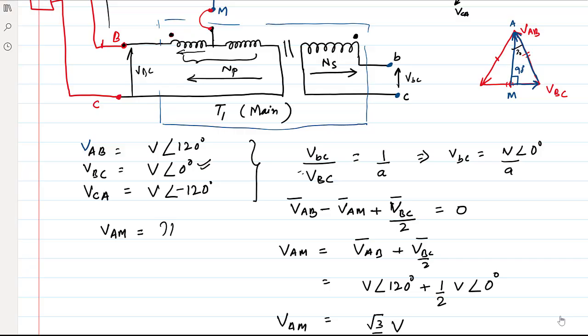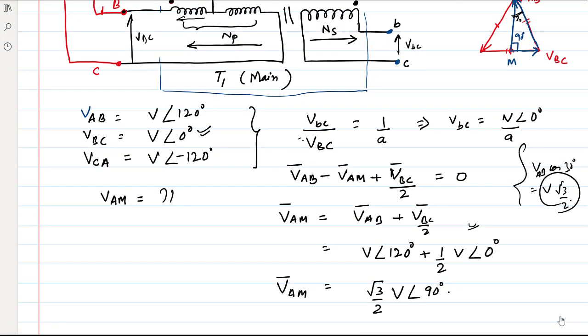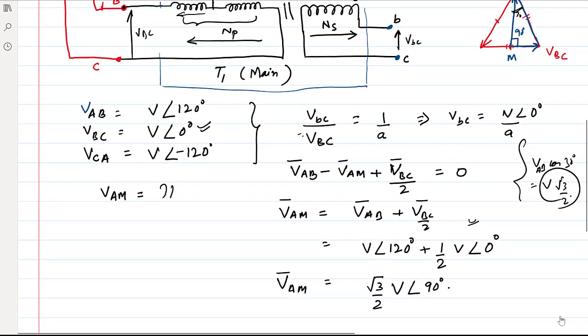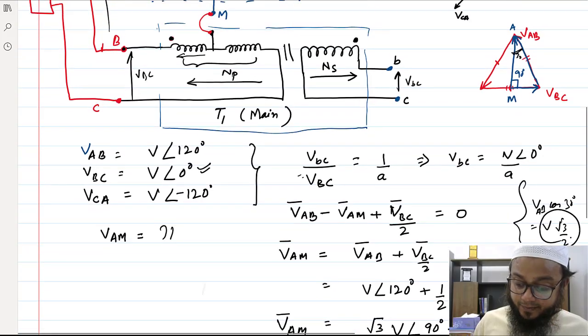This is 30 degrees, and the magnitude of this length AM would be VAB cos 30, that is V cos 30, which is root 3 by 2 of V. Even if you solve these two, you'll get this magnitude only. VAM is at an angle of 90 degrees.